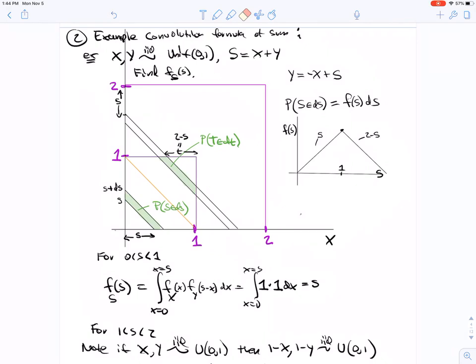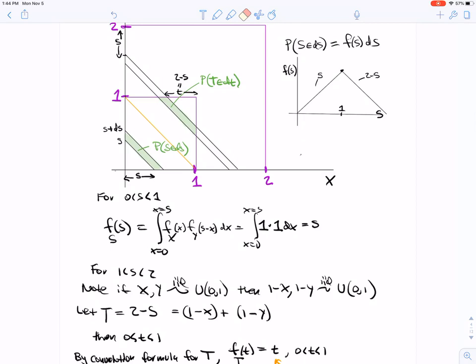In fact, it increases linearly, reaches its max value when S is 1, and then decreases in a symmetric way back down to 0. Now the probability that S is in ds is fS ds, and ds is just a constant. So fS is in fact increasing linearly, and we'll show that it is this triangular density shown here.